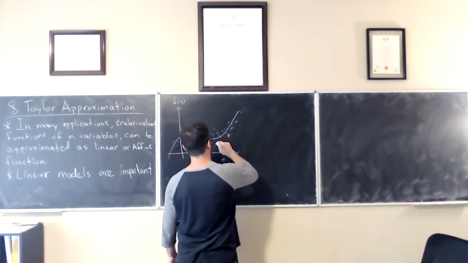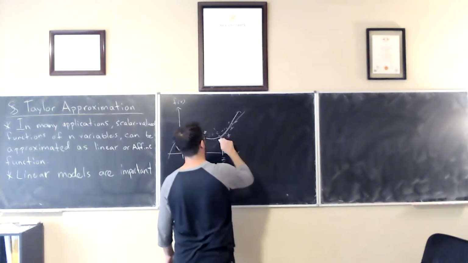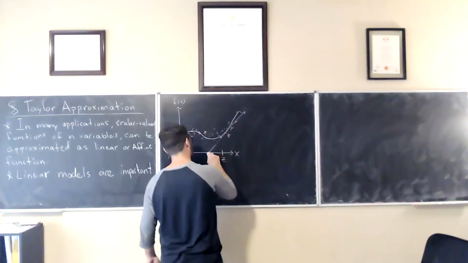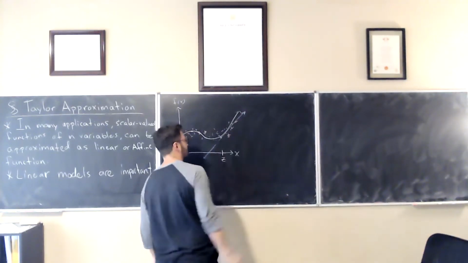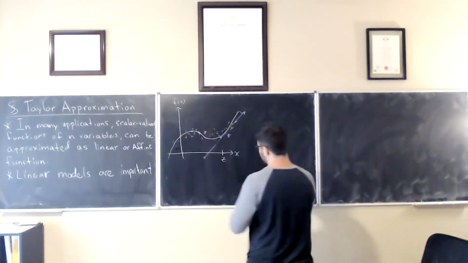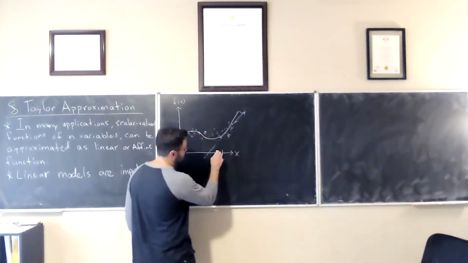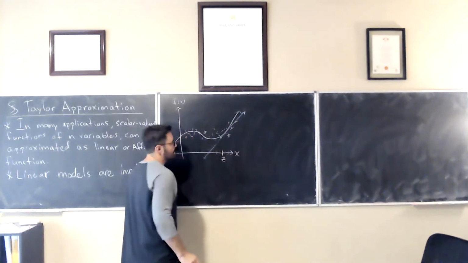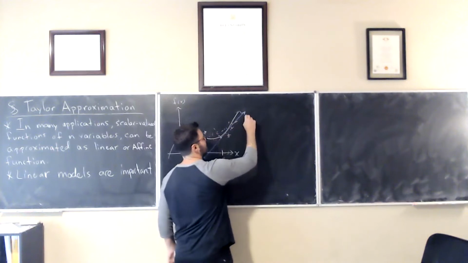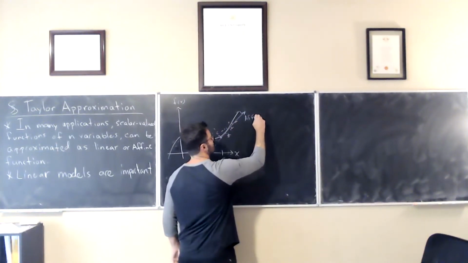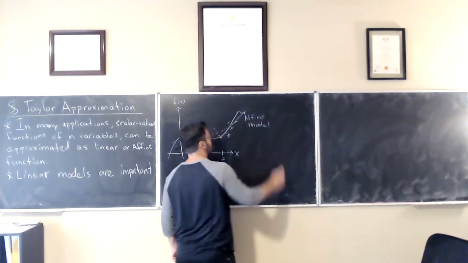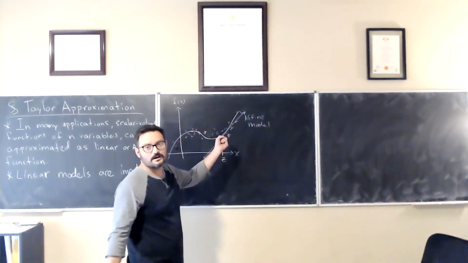There's a linear function modeling the line tangent to that graph right there. And we see that close around z, the linear or affine model is basically good enough.